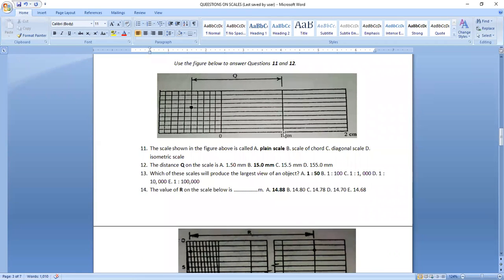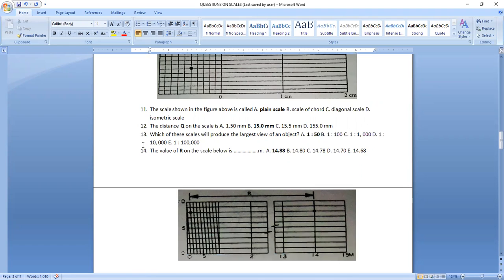From 0 to 1 is 1 centimeter, which is equivalent to 10 millimeters. Then we count from here, 1, 2, 3, 4, 5. So 5 millimeters plus 10 millimeters gives us 15 millimeters. The answer is option B, which is 15.0 millimeters.